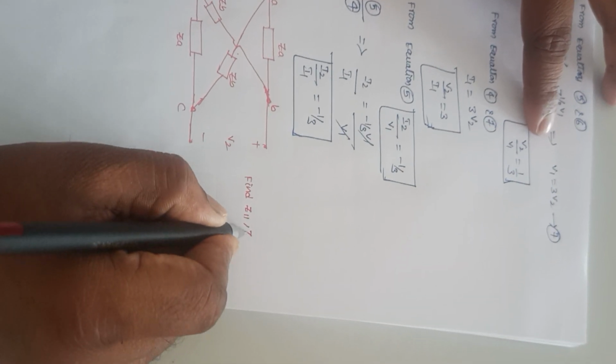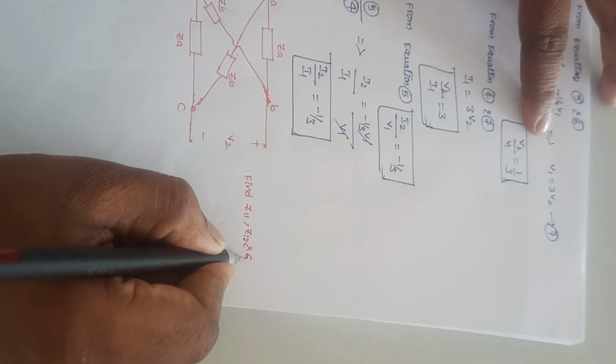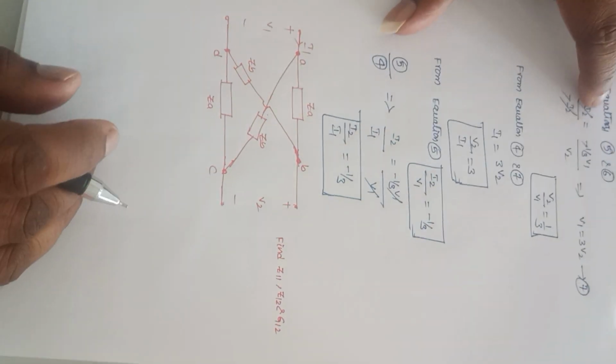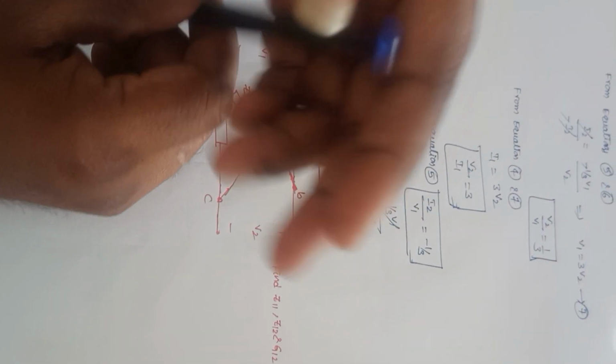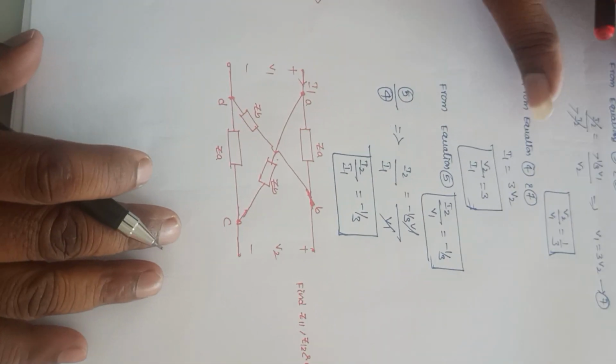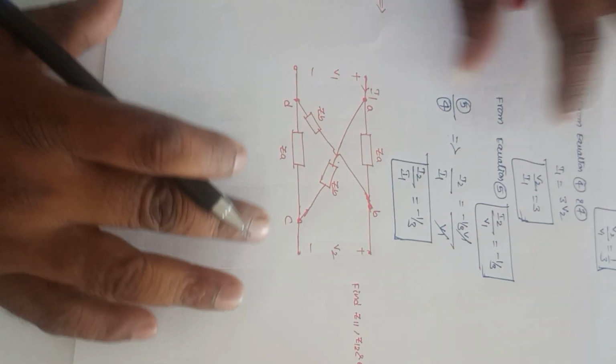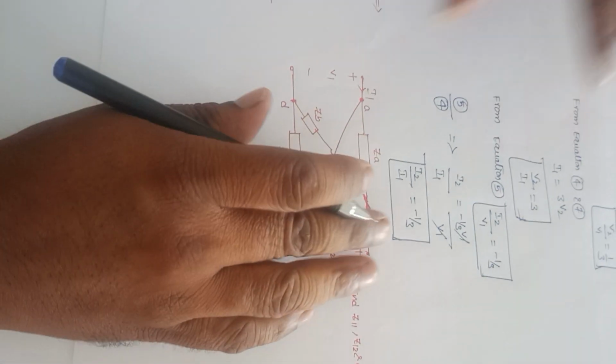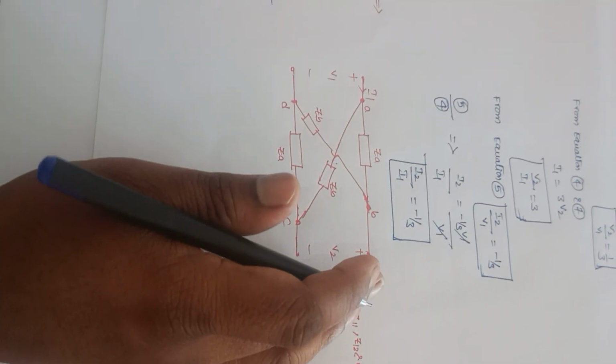Here what I need to find is Z11, Z12 and G12. These things I need to calculate for this network. So first I'm going to redraw this network. This is important here; if you redraw this network, then it will become easier.